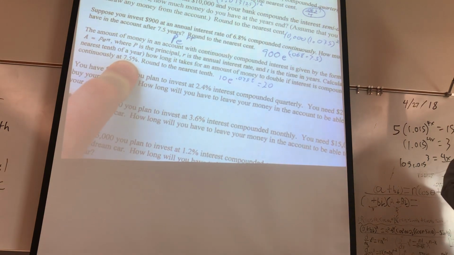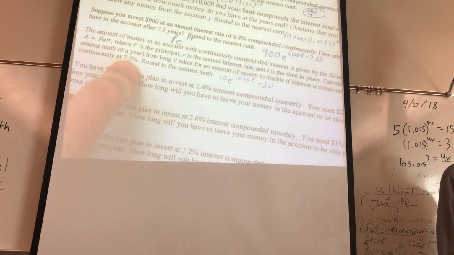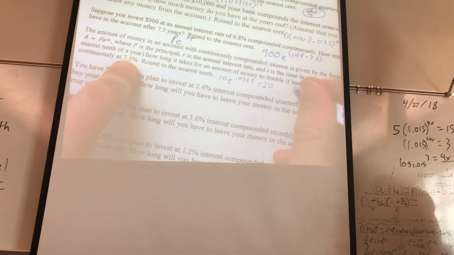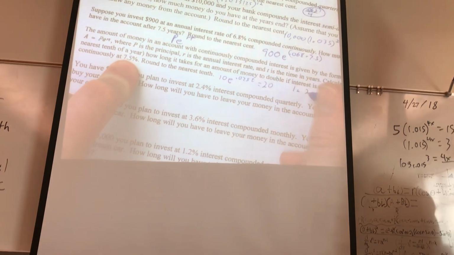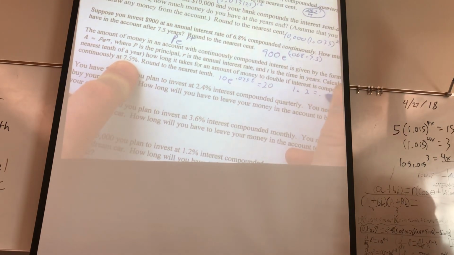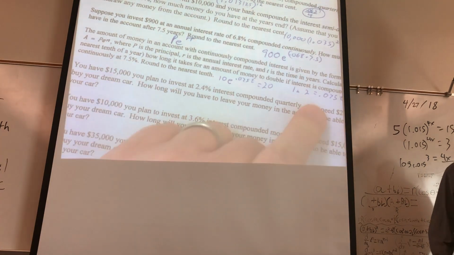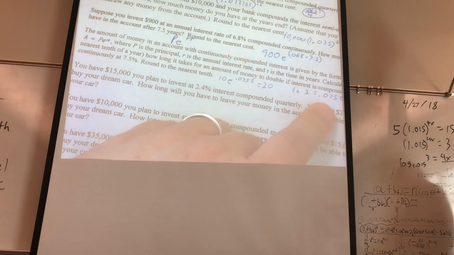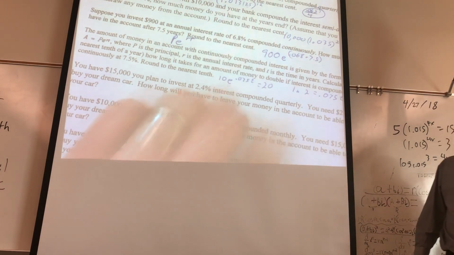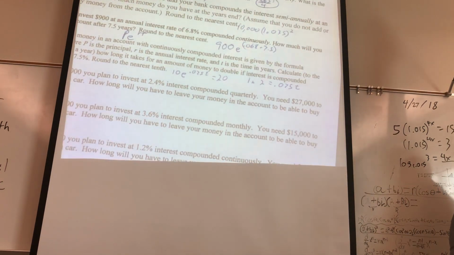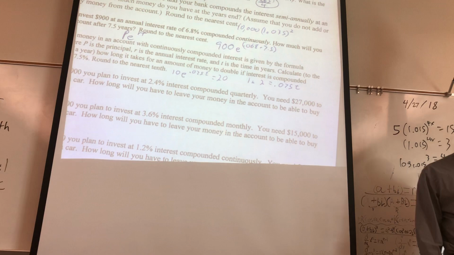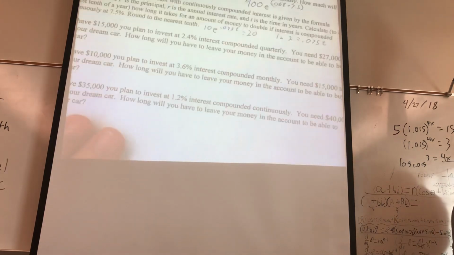Well, when you divide both sides out, you're going to get 2, and so this is going to be the natural logarithm of 2 equals 0.075 t. So take the natural logarithm of 2 divided by 0.075, and then that should give you your t value. It's going to be a bigger number because you're dividing by something very small.